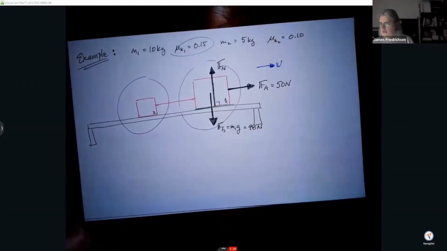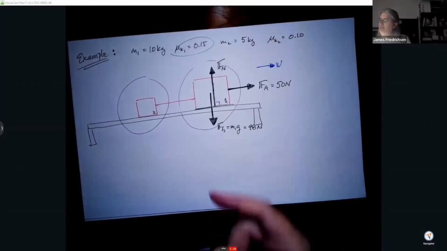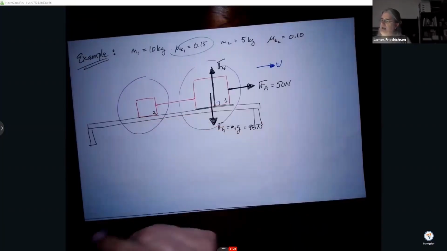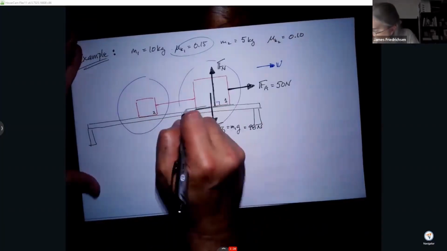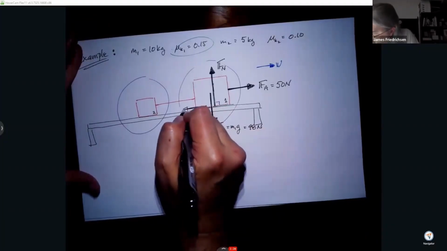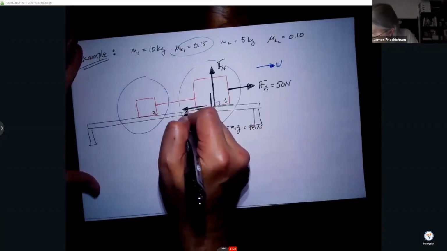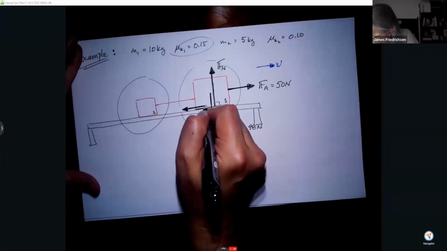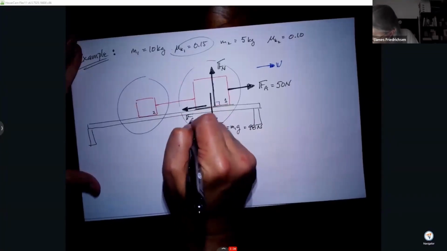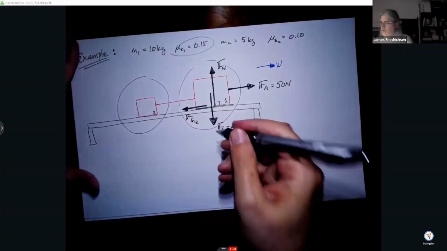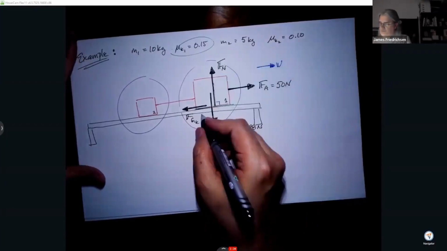Shocking, I know. And so therefore, the kinetic friction force will be parallel to the surface of contact, opposite the relative motion. So since the box is heading to the right, the kinetic friction will go to the left. So with gravity, normal, friction.